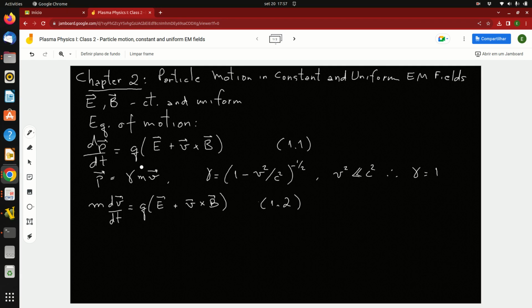The equation numbers here in my class notes usually will not be equal to the numbers in the book. So this is 1.2. Sometimes, most times, maybe they'll be the same, but sometimes they're not. So let's talk about conservation of energy. This would be the introduction to the chapter.